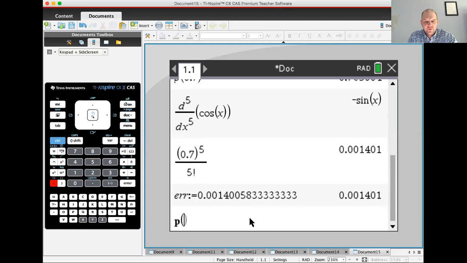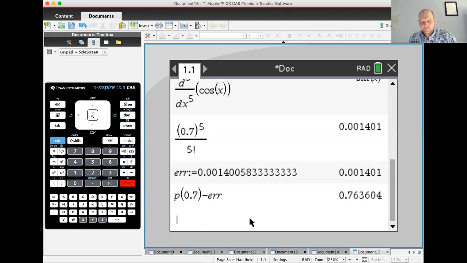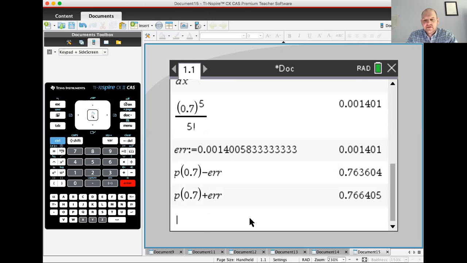So I'm saying that 0.7 minus a is 0.764, less than or equal to F of 0.7, less than or equal to, now we've got to add it, but you don't have to type it again, just paste it down and change to a plus. This is 0.766.